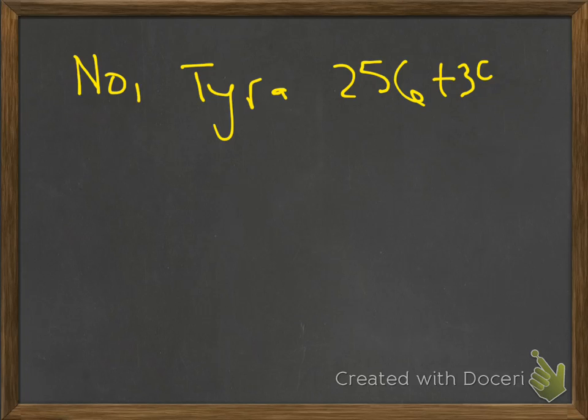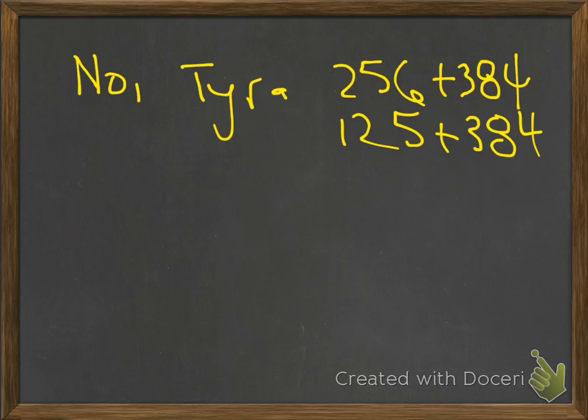So the answer to this really is no. It's not reasonable to say that in 8 weeks they will both have logged 384 miles, because 384 is how much they have logged since the beginning. For Tyra, it was the 256 plus the 384, and for Charmian, it was the 125 plus the 384. So you can see that Tyra has more miles and will always have more miles. So it's not reasonable to say that they both logged 384 miles.